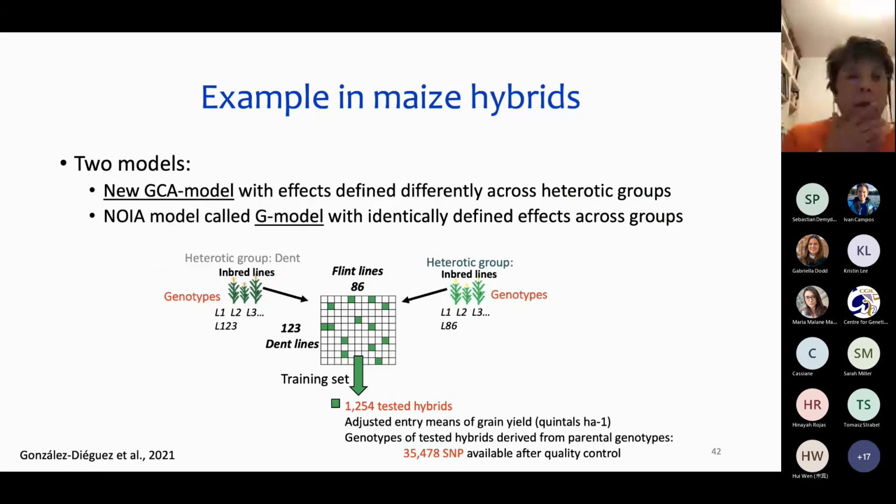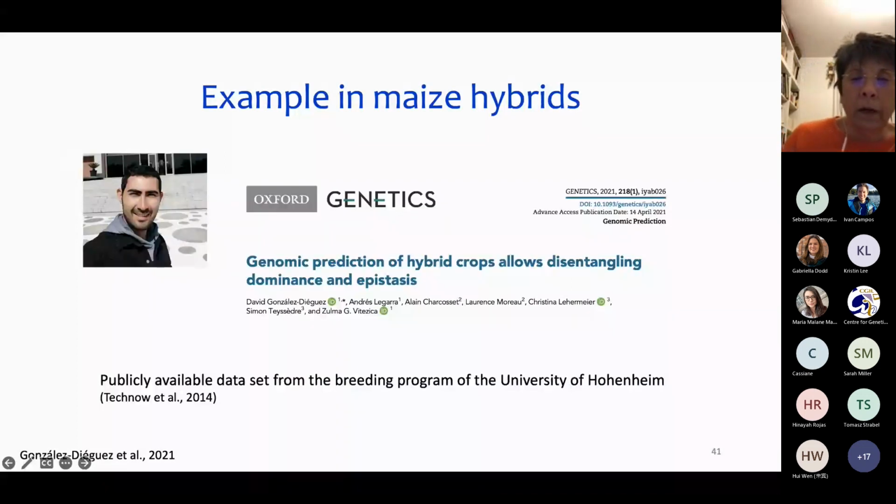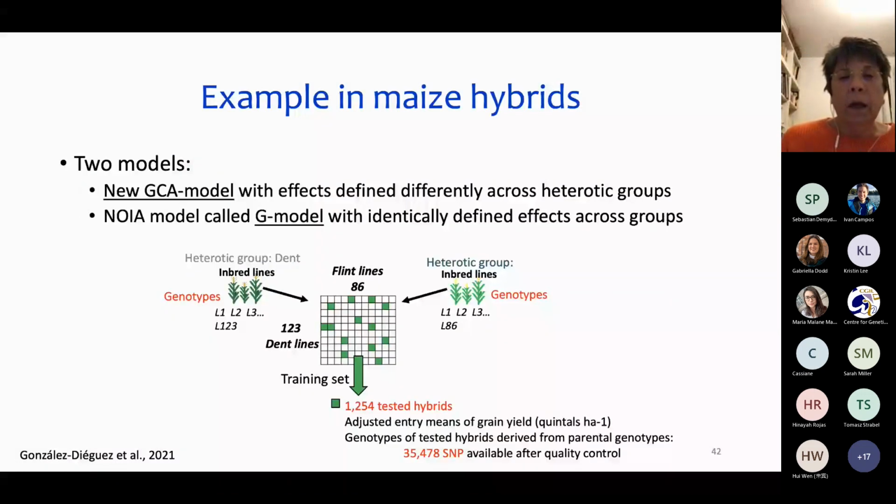In this data, we had 2 heterotic groups with different lines. We have a little more than 1,000 tested hybrids. The trait was grain yield, and there were around 40,000 SNPs.